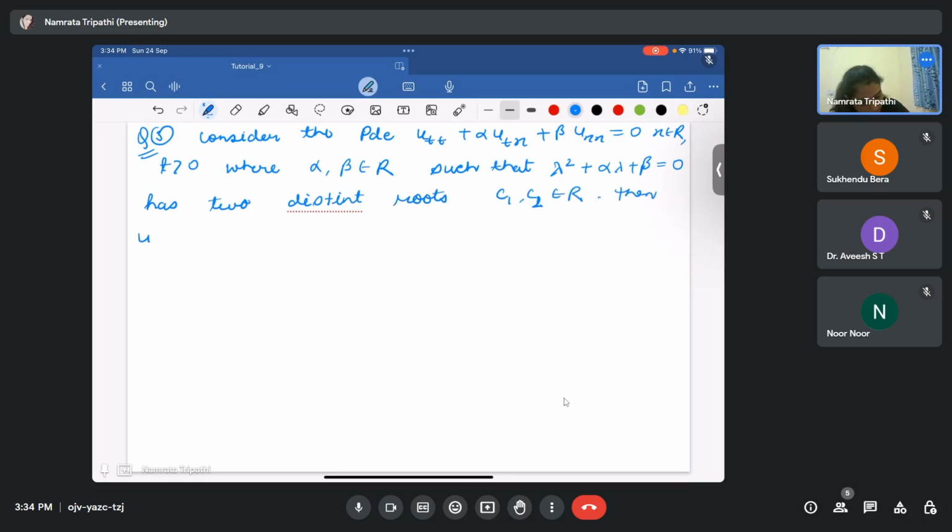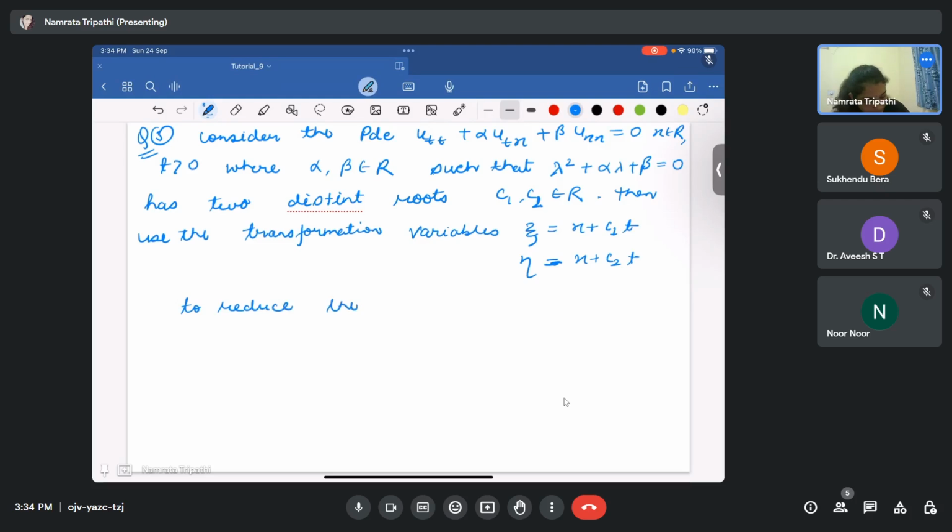Then use the transformation of variables xi = x + c1t and eta = x + c2t to reduce the above PD. Okay, please solve this question.